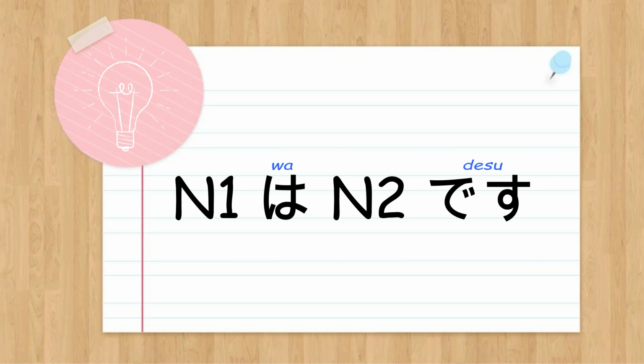N1 wa, N2 desu. The particle wa indicates that the noun before it is the topic of the sentence. Also, we don't read this as desu but simply des.